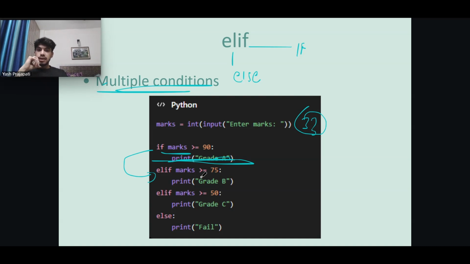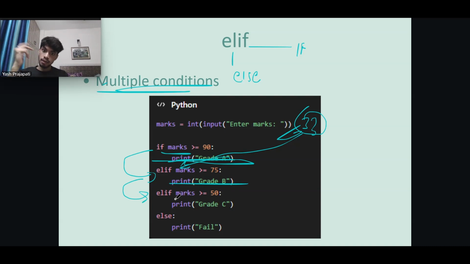Then it will check the condition again: the marks is greater than or equal to 75. According to us, it is not greater than or equal to 75. So it will again skip this line and go to the next line.